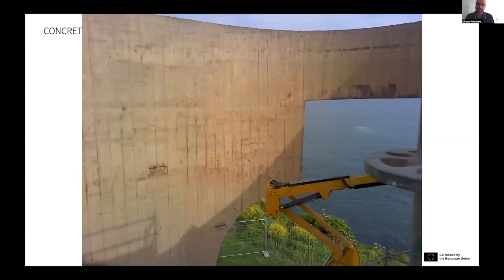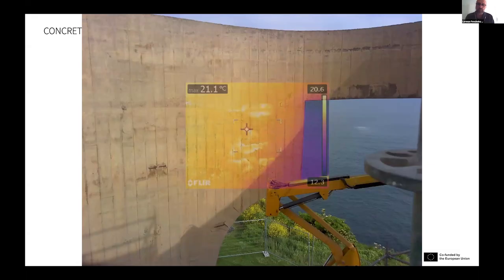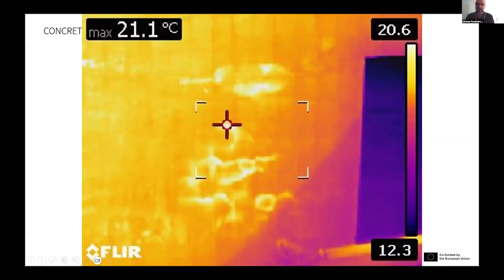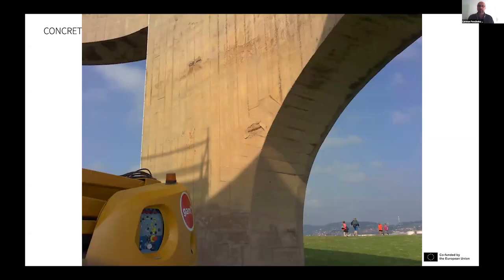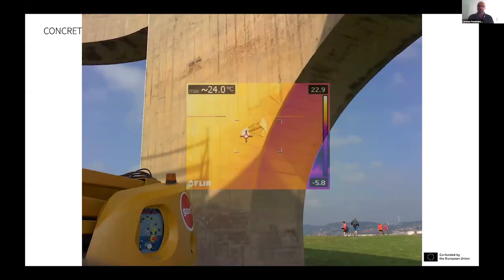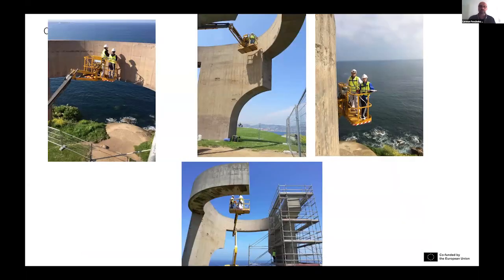For us, in some cases you don't see that there is a problem, and it's going to break if we don't stop that. So we found that the thermal image can be very interesting for this kind of work.